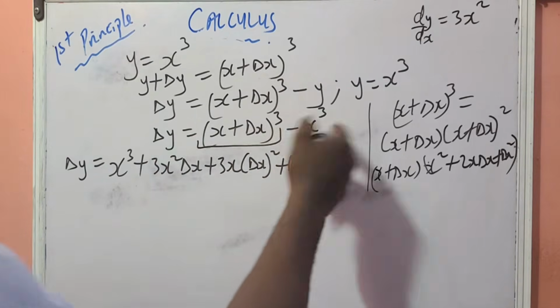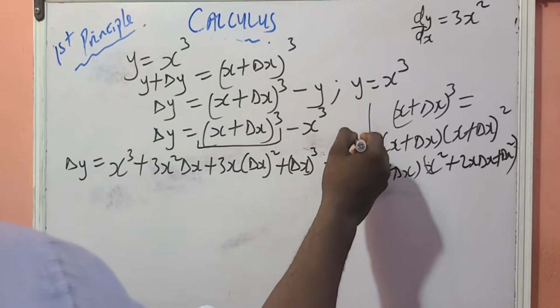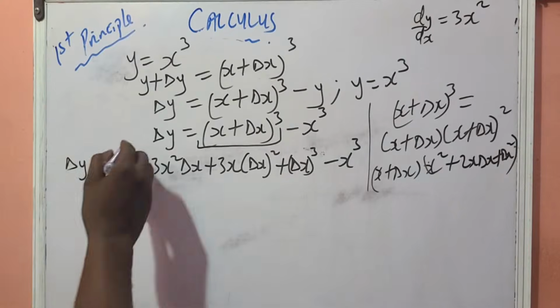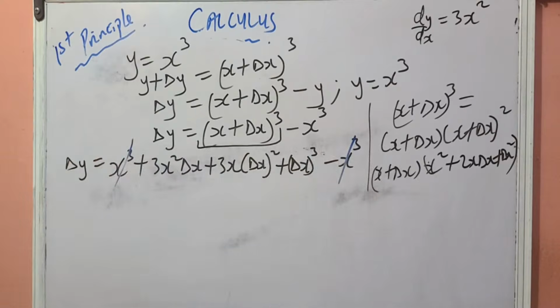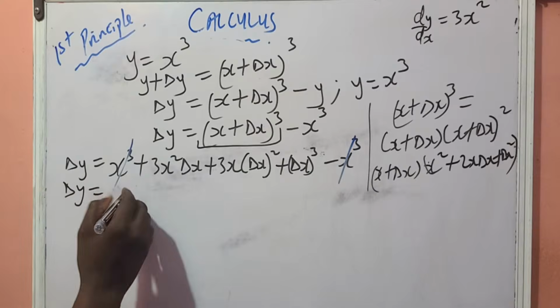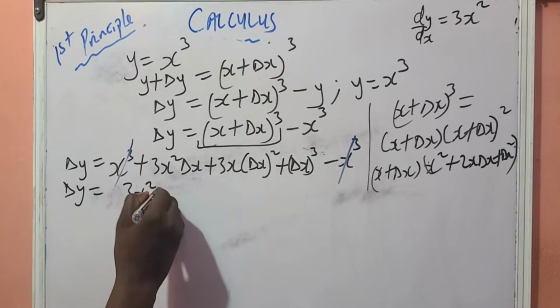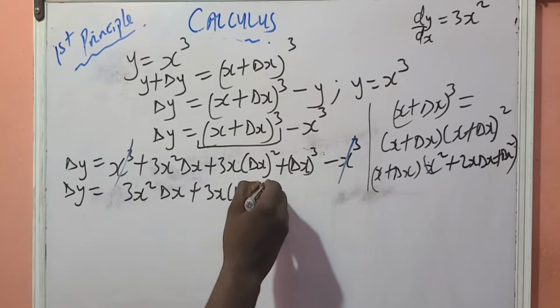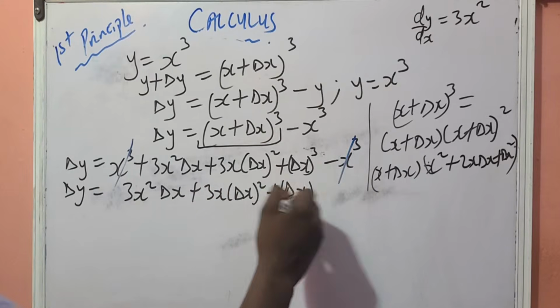And don't forget there is a minus x cubed. So looking at this, you can obviously see that the x cubed here will cancel the x cubed here. That's by default. x cubed minus x cubed will be 0. So that goes out. Now, this is what you're left with: dy being equal to 3x squared dx plus 3x dx squared plus dx cubed.